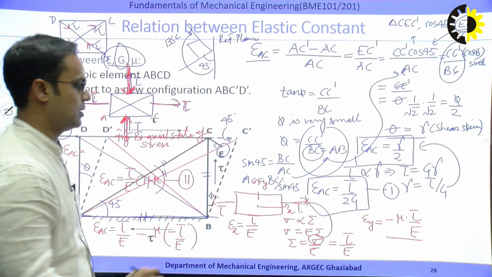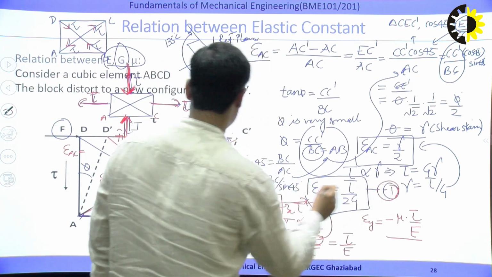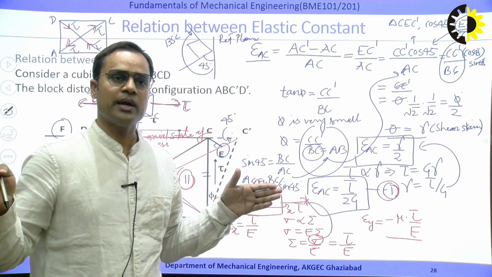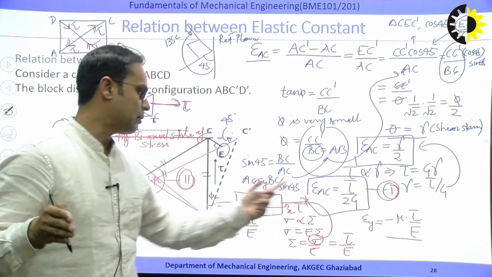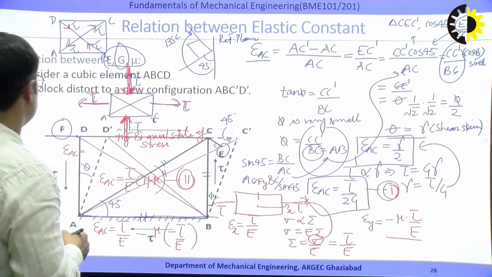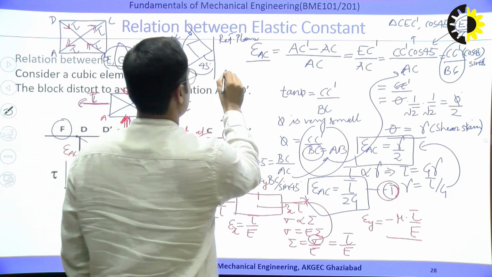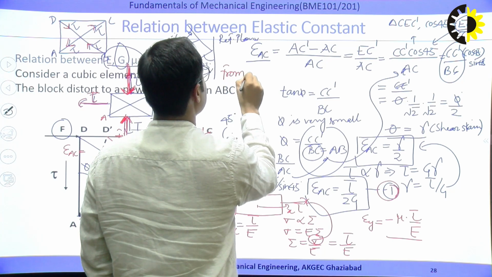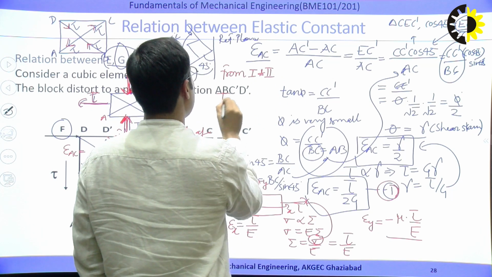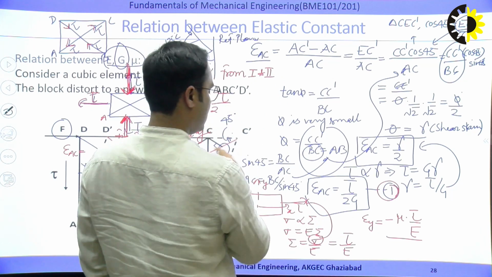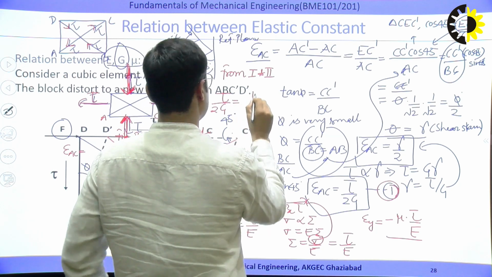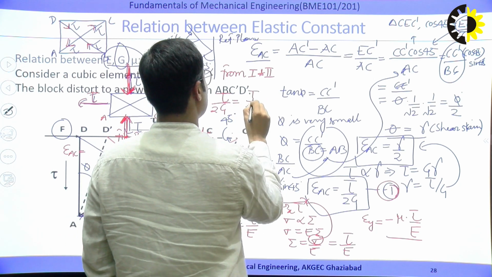Second part of this equation. If we combine both first and second, both are the same, strain along diagonal AC. So from first and second we can write the relation: tau by 2G is equal to tau by E times (1 plus mu).